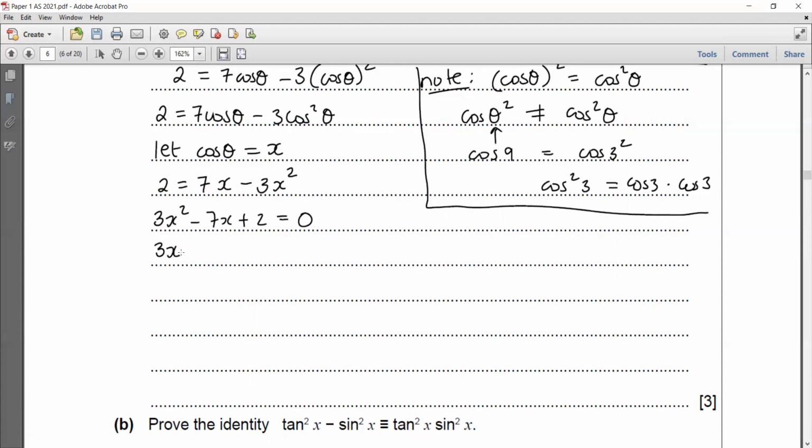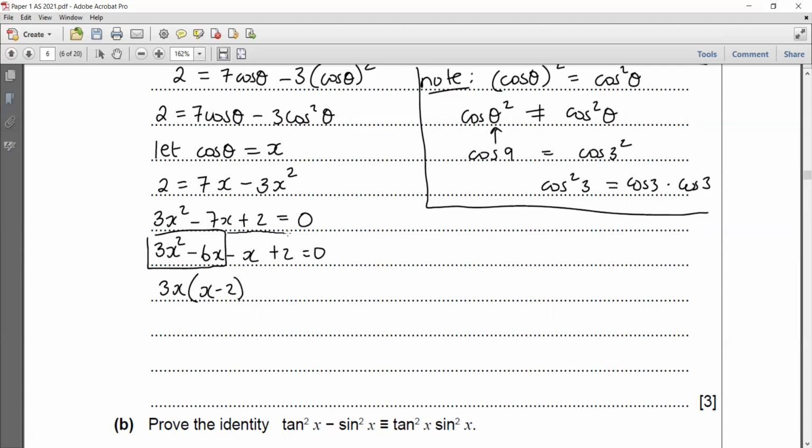So I have 3x squared minus 6x minus 1x plus 2, which is 0. Then I look at the first 2 terms. What do they have in common? They have 3x in common. So you take the 3x out. 3x squared divided by 3x is x. Negative 6x divided by 3x, this is negative 2.